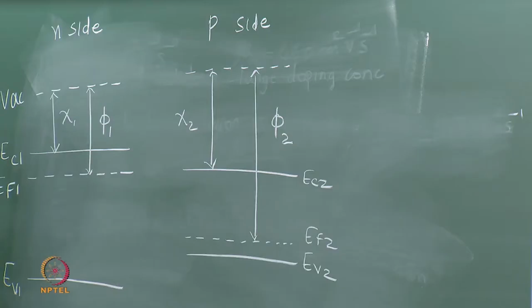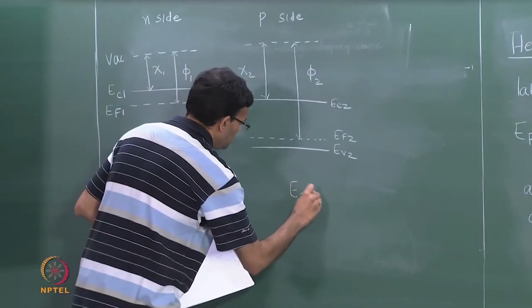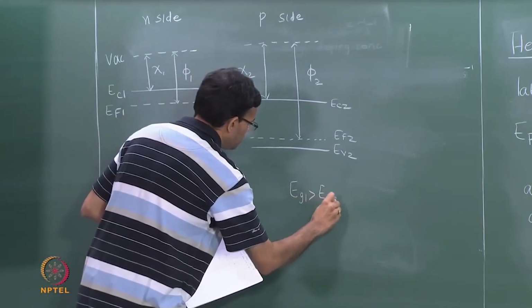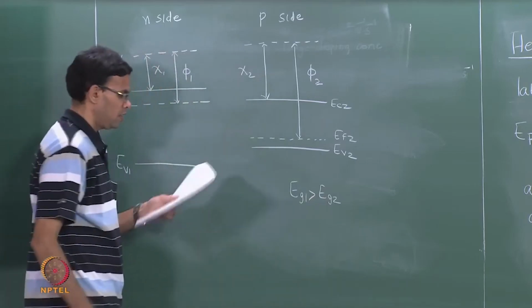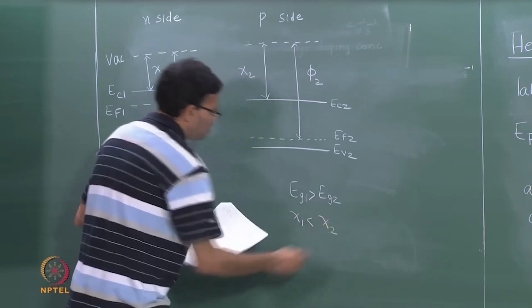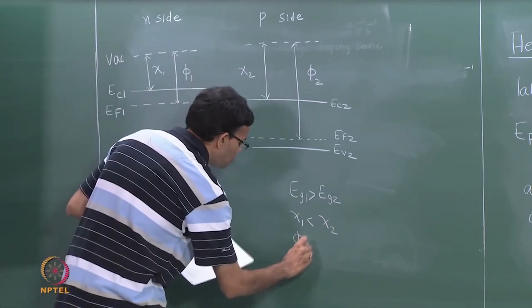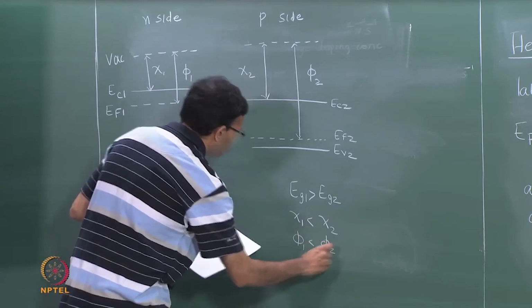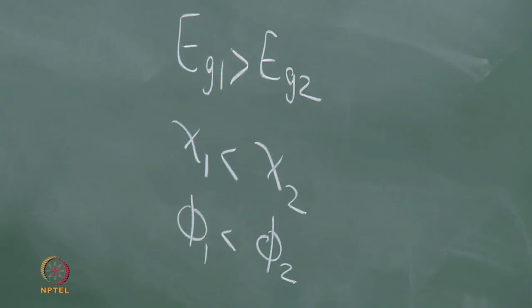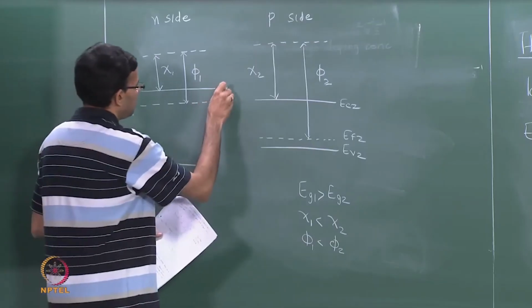So, now I am forming a p-n junction. So, I have Eg1 greater than Eg2. I have the electron affinity going the other way and the work function also going the other way. We can also define an energy gap between the conduction bands of the two materials.